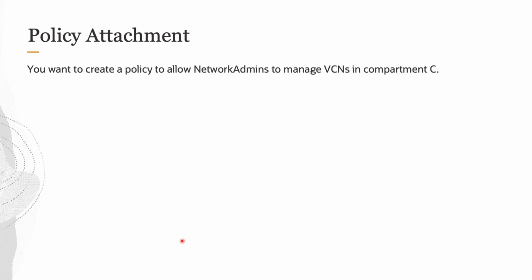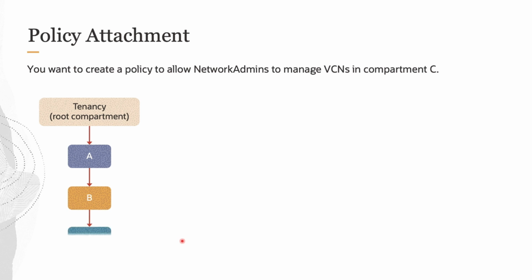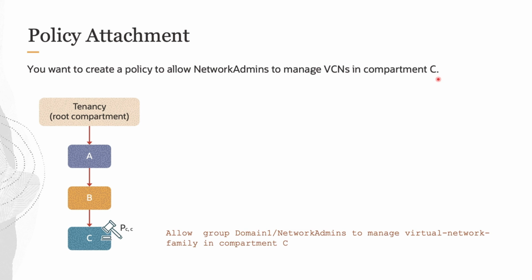So now let's take an example where we have the same setup. We have the root compartment and then 3 levels of nesting A, B and C. Now if you want to create a policy to allow domain 1 network admin to manage VCNs in compartment C, do you always have to write this policy in compartment C?